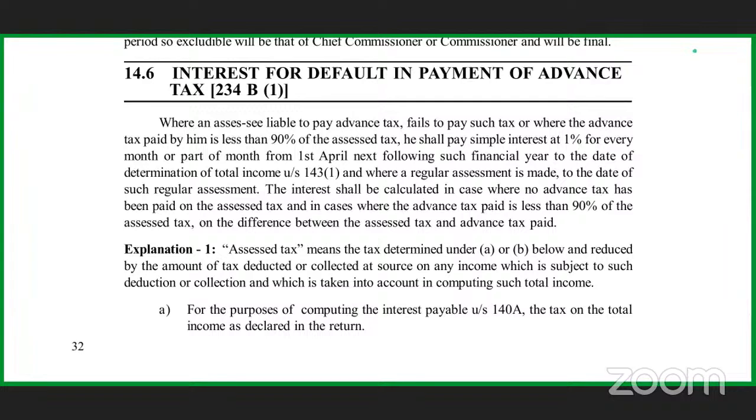But how can it give when I can keep some amount of my salary aside for the advance payment of tax? And if I'm not paying the advance tax, and if I paid less than 90% of the assessed tax, then I directly have to pay the interest on that.